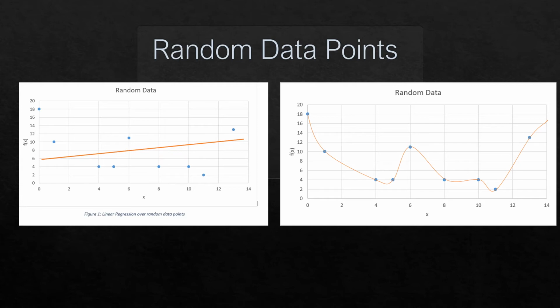Okay, now here are our random data points, and we have many different options for the model that we want to fit. We can do a linear regression, we can do a quadratic regression, which is more of a curved line. But wouldn't it be nice to have a level of uncertainty included in our models?